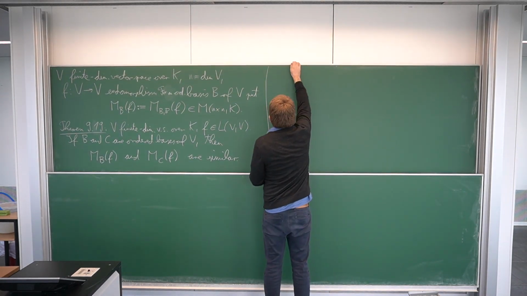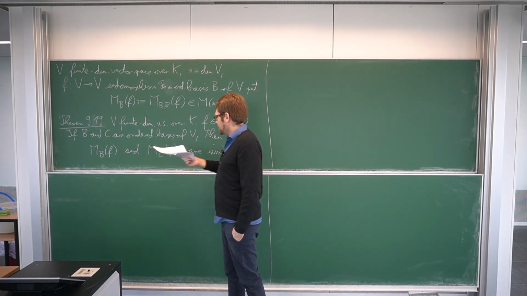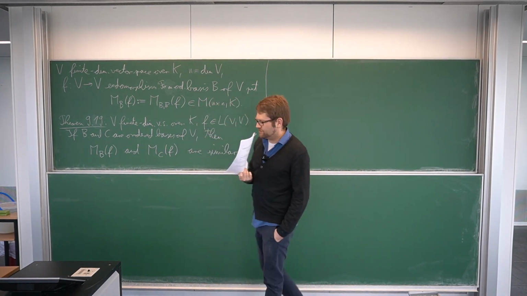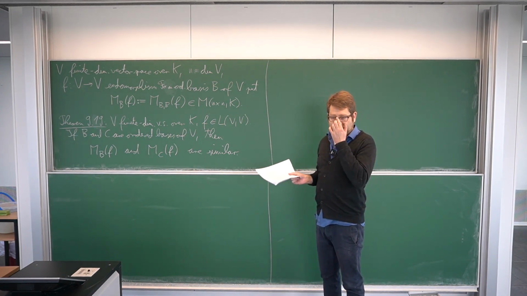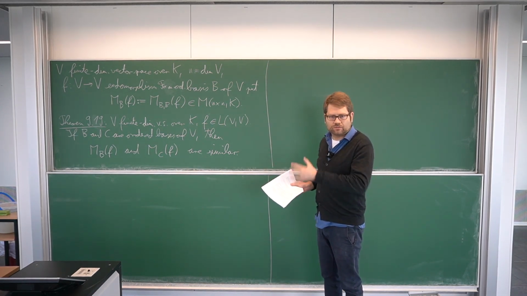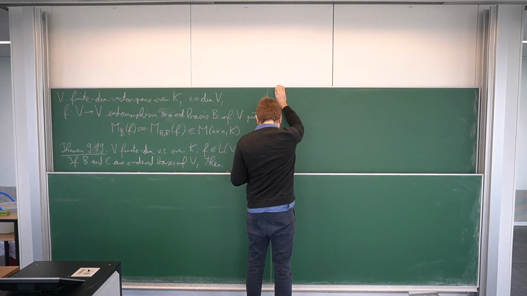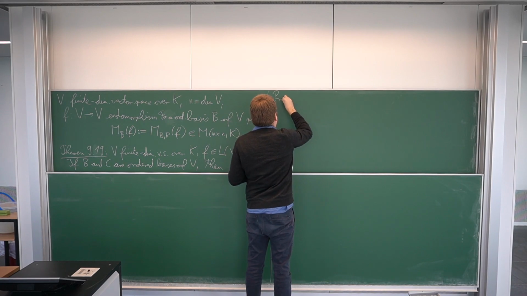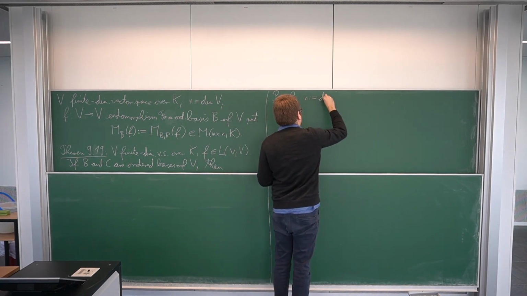Namely, we have seen how to compute, if we have different bases, how to transform the different matrix representations into one another, namely by just using these transformation matrices, which were basically these basis change matrices. And this is what we do here as well. Namely, so proof, n is again the dimension.